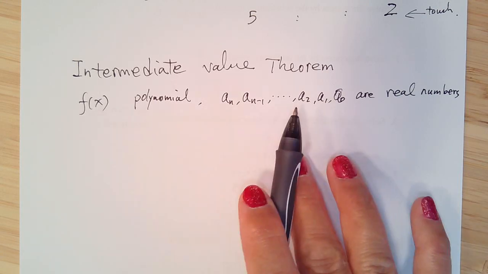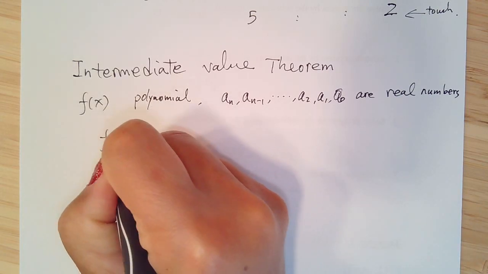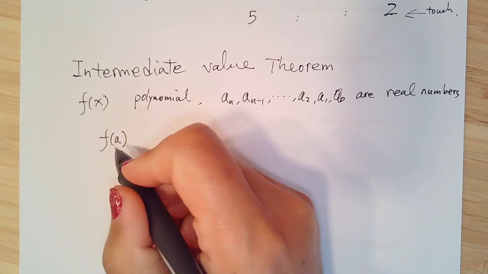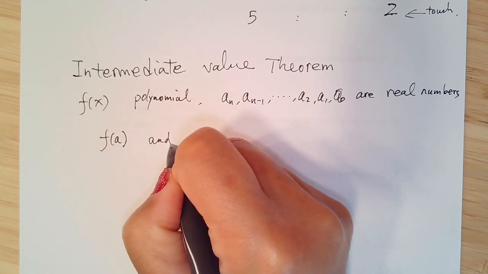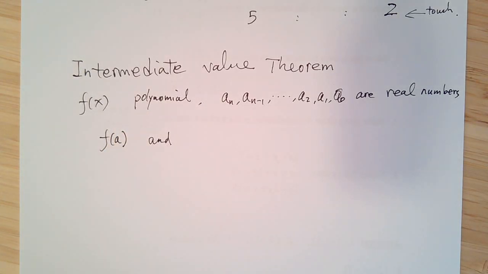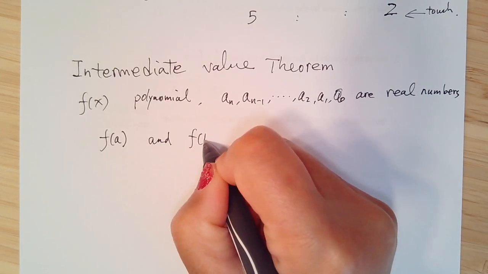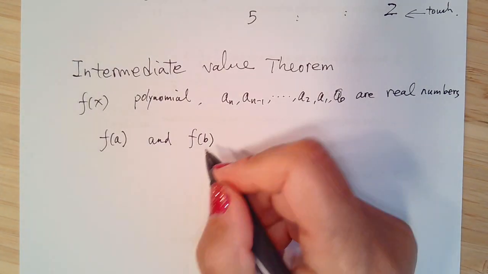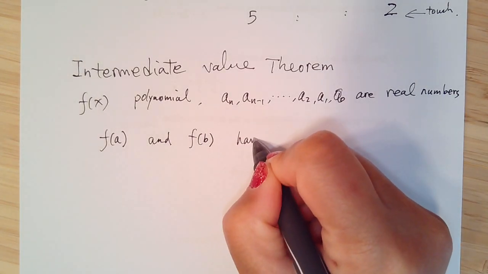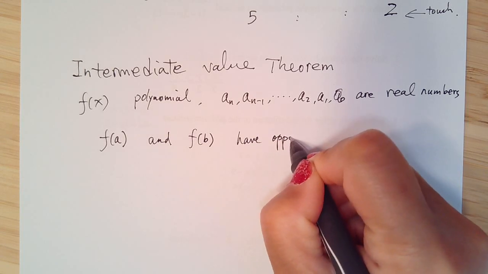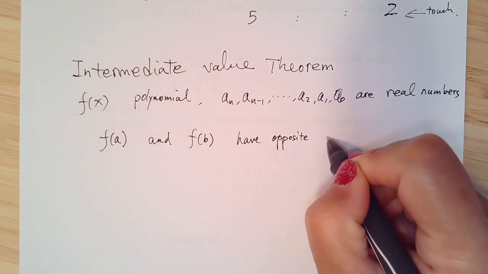All right, if this is the case, and if f of a and f of b have opposite signs, what does that mean? That means one positive, one negative.